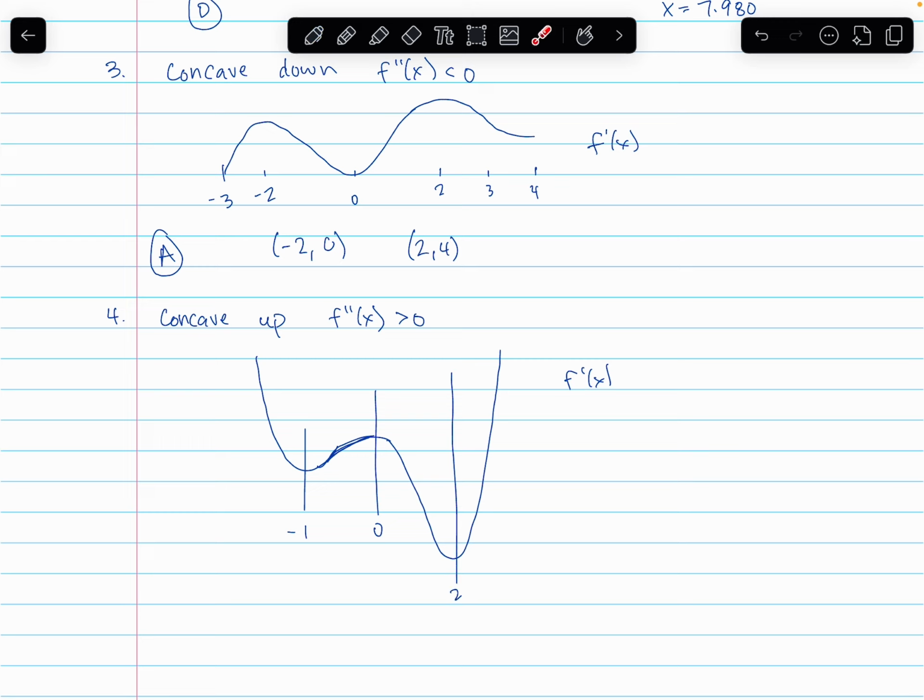Since this is the graph of f prime, we're trying to see when f double prime is greater than 0. That's when the slope of this graph is positive. I can see it's positive here, and it's going to be positive here. So that's between -1 and 0, and when we're greater than 2. So that's going to be B.